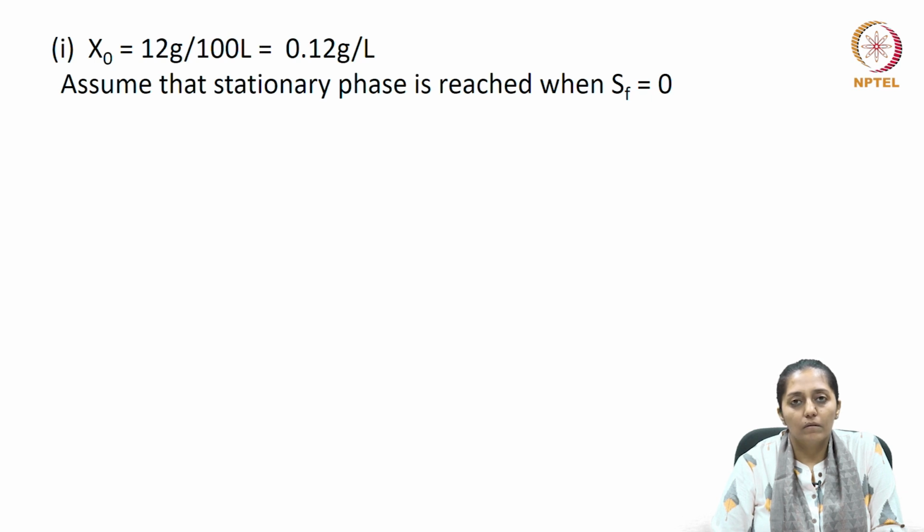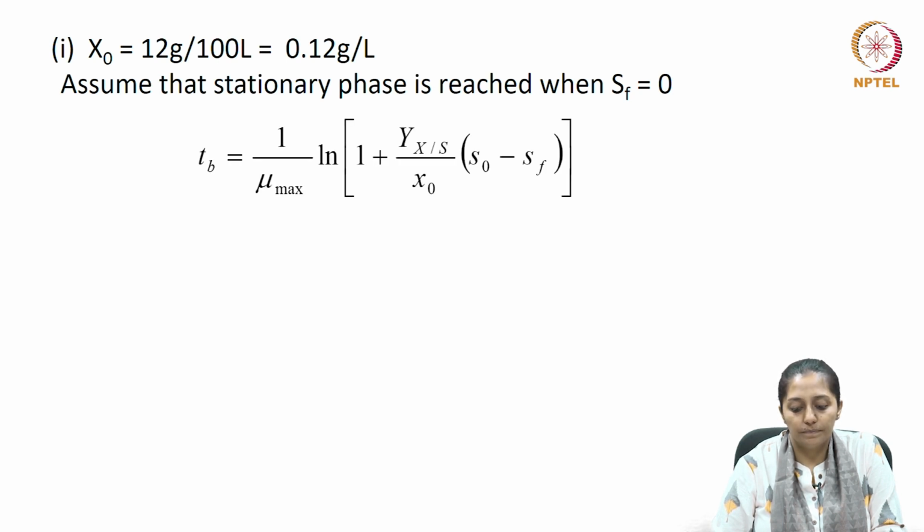Now, we need to calculate the time when the culture reaches stationary phase. Here we are saying that the final substrate concentration is 0 at the start of the stationary phase.